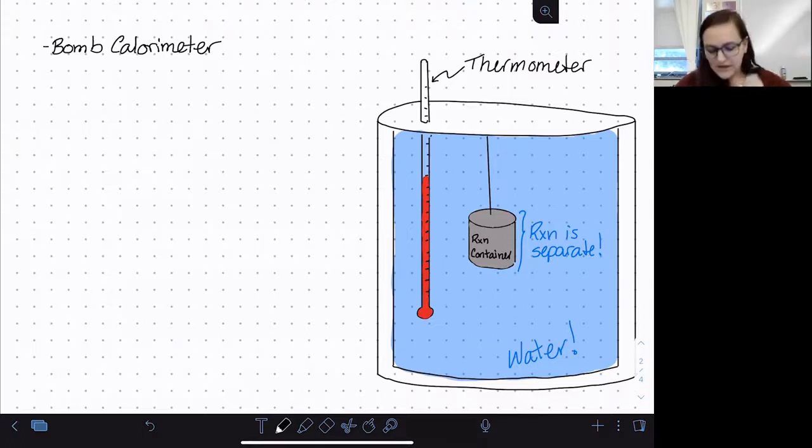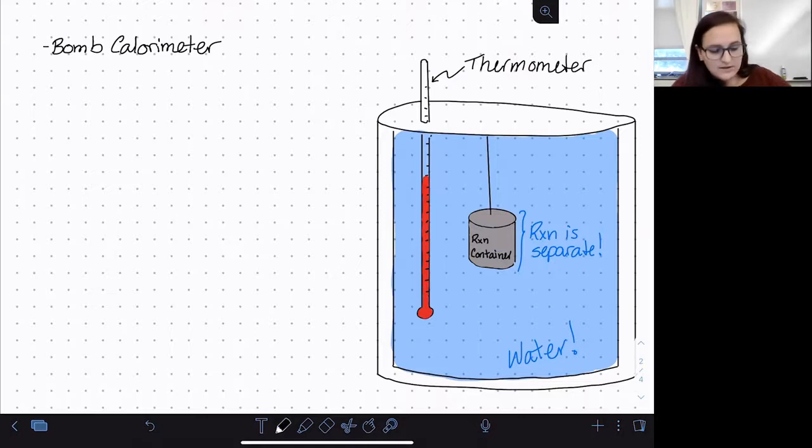And you'll notice in this diagram that the main distinction between the two is that there's a separate reaction container inside. So the reaction is not part of the solution. This is just pure water, and all of your reactants are contained in here. So the two are not mixing. Your reaction is held separate.